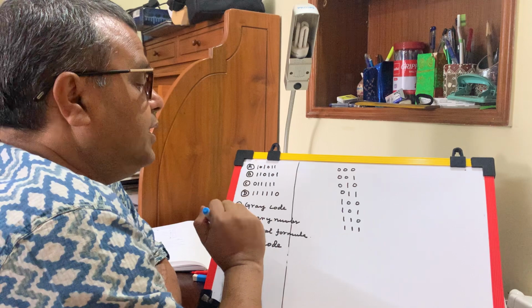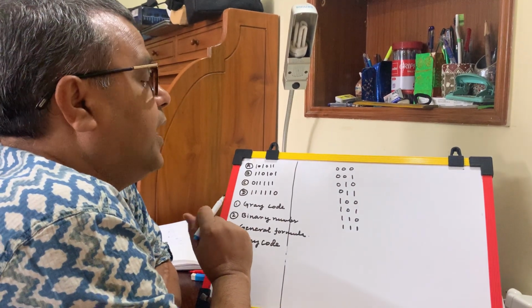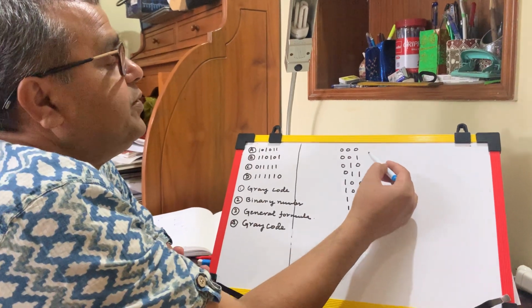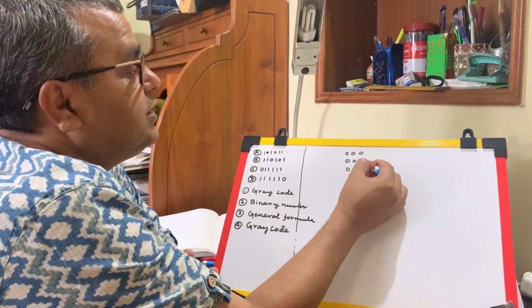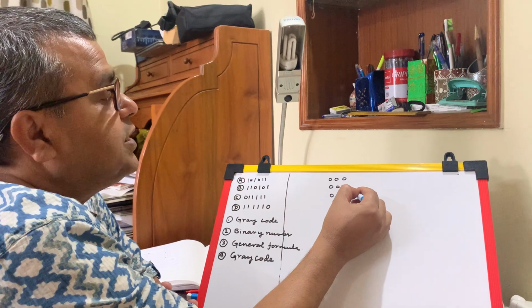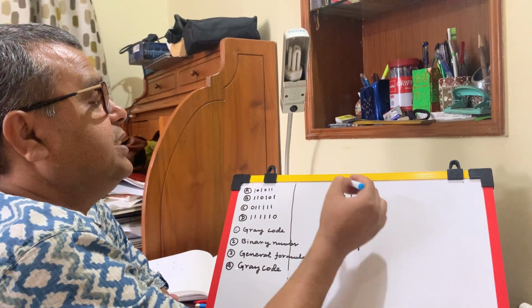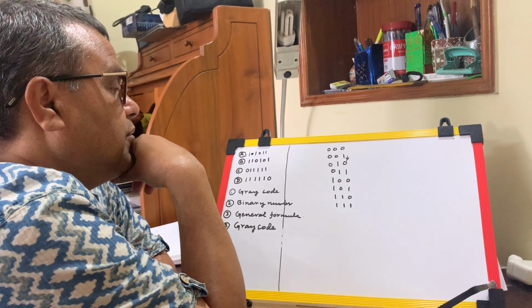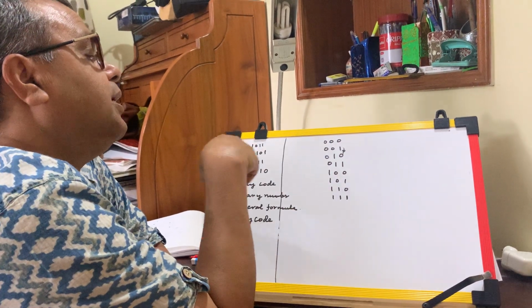This is how binary numbers look, the basic thing. When you move from this number to this number, 2 bits are changing, and this is the characteristic of binary numbers.